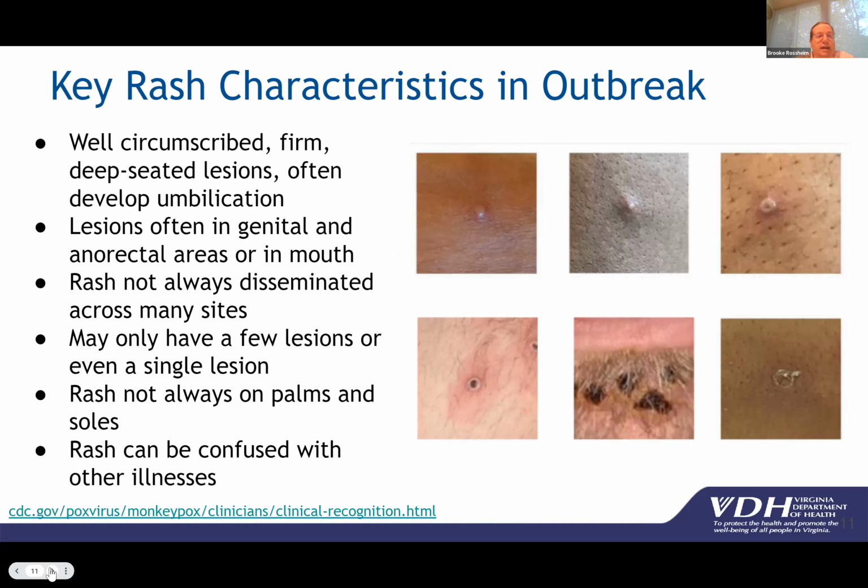The rash does not have to be disseminated. The rash may only consist of a few lesions, or it can even be a single lesion. The rash of monkeypox can look like other things, like herpes, like syphilis, like chickenpox. So it can be confused with other illnesses. Next slide.